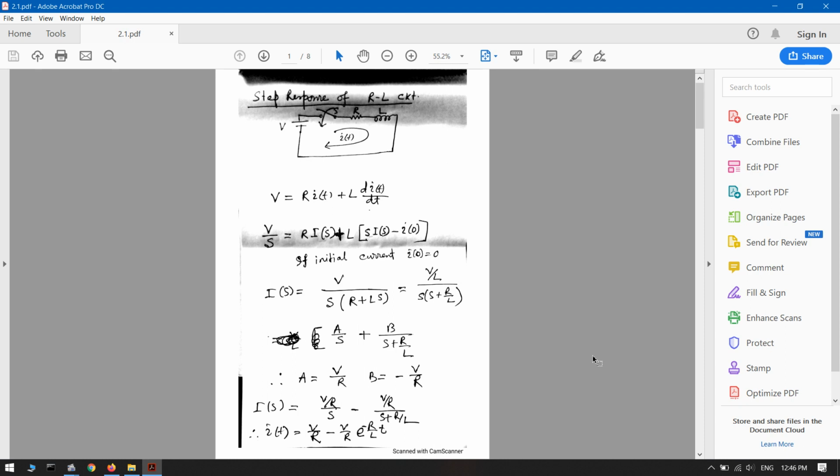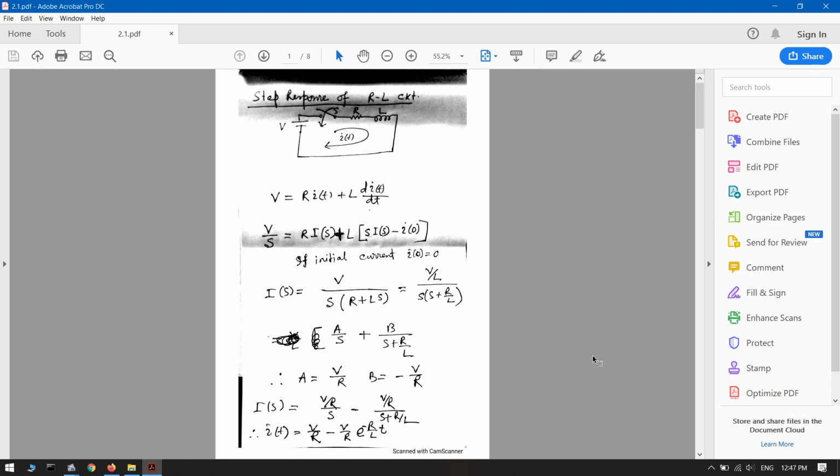Only E. So the equation will be E equal to R into I(S) plus L into S I(S) minus I naught. Same case, if we consider that initially no current is flowing, so we can make I of 0 equal to 0, so we can write E equal to R I(S) plus LS into I(S).